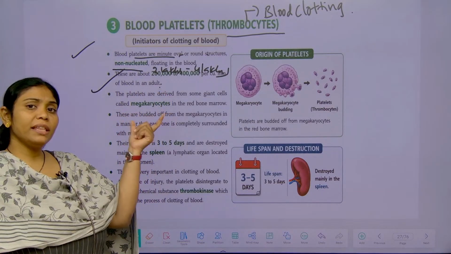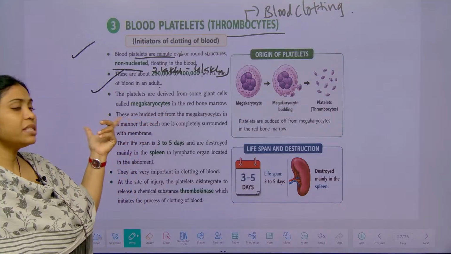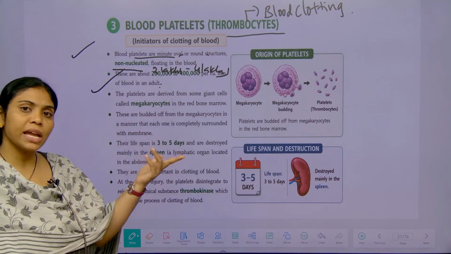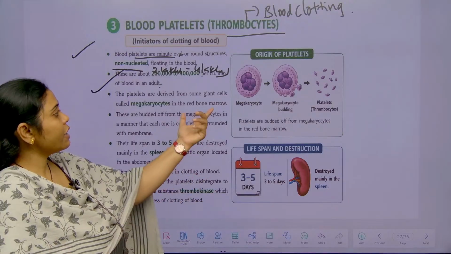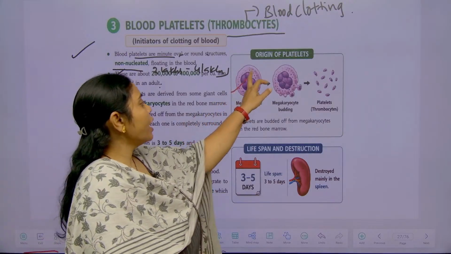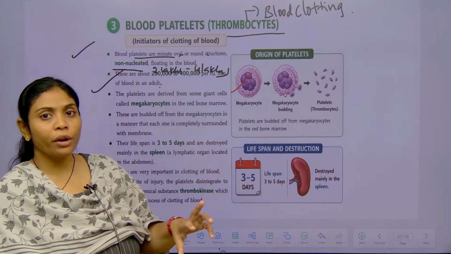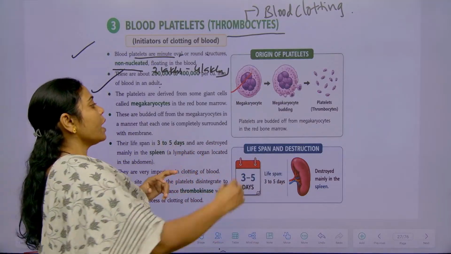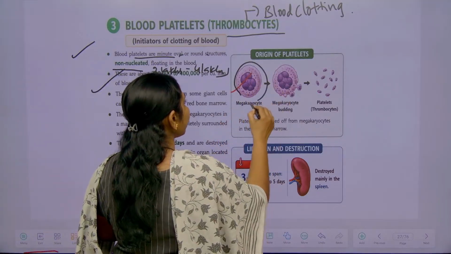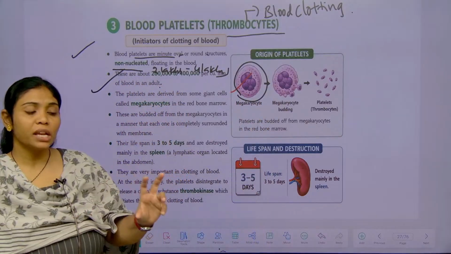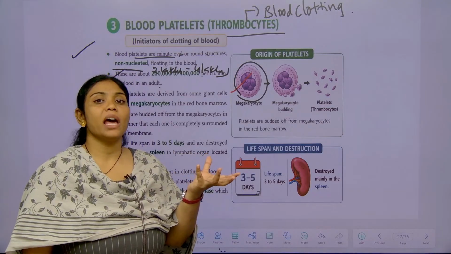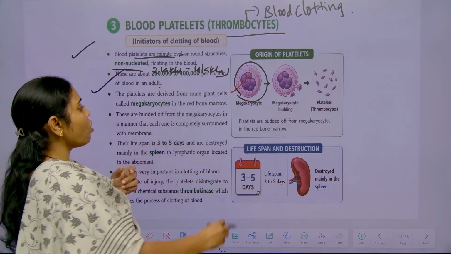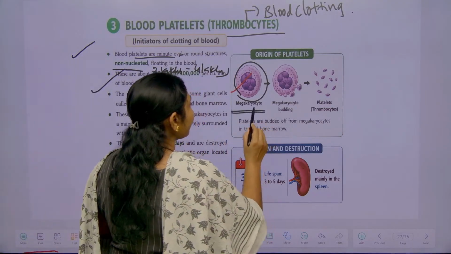And where are they produced? The same way RBCs and WBCs are produced from the bone marrow, these platelets also originate from the bone marrow, from the megakaryocyte. Megakaryocyte means the cell is very large.